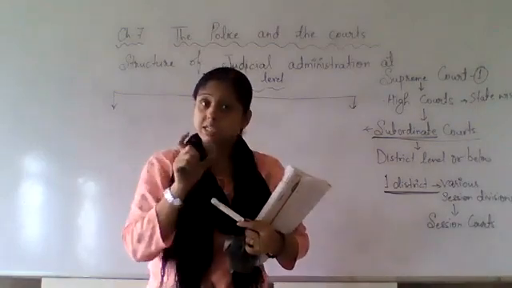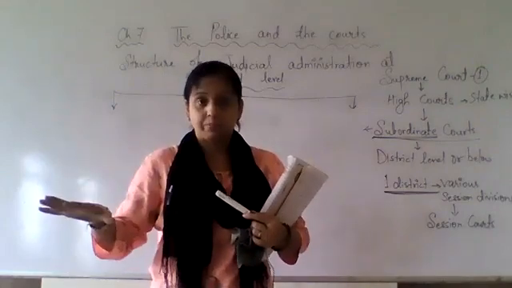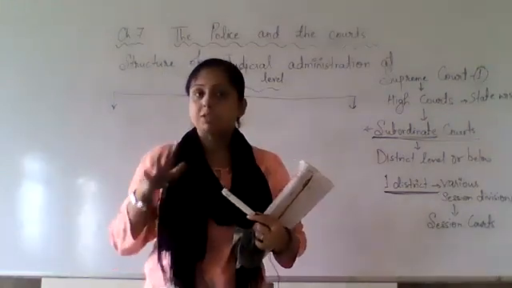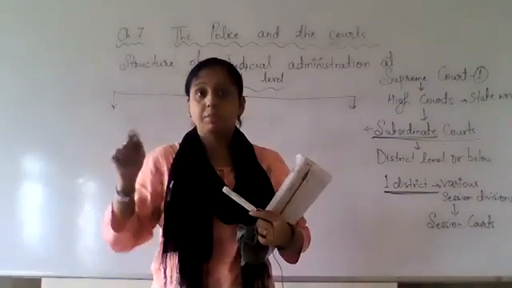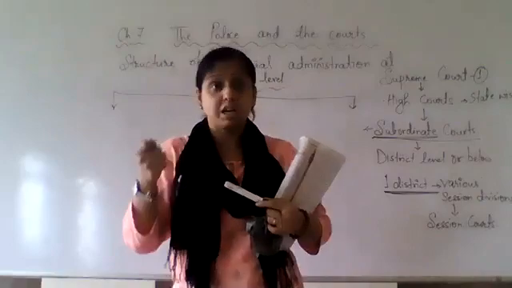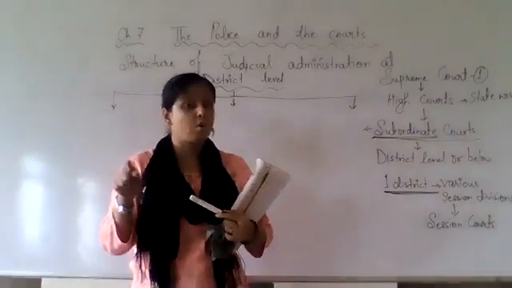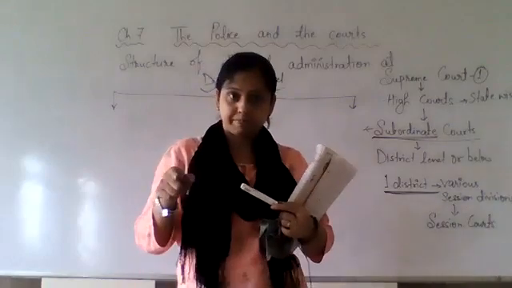Those cases will go into the civil. Those are called civil matter. Now, if there is any criminal matter like dacoity, loot, theft, murder, right? Those things will go in the criminal matter.